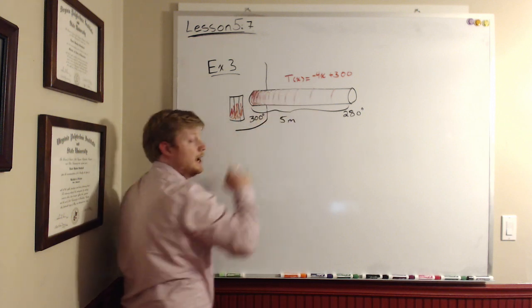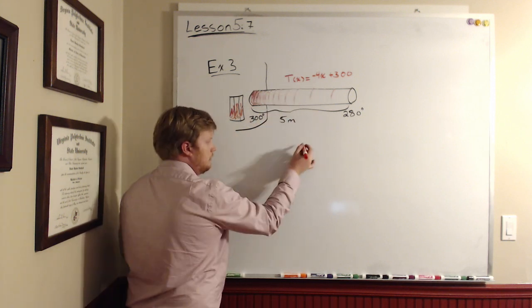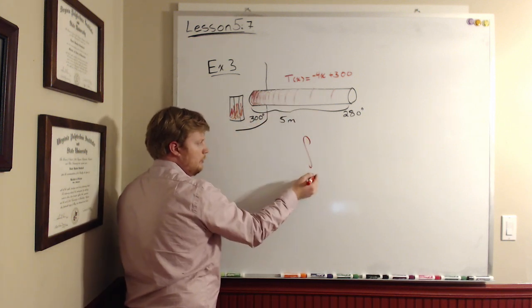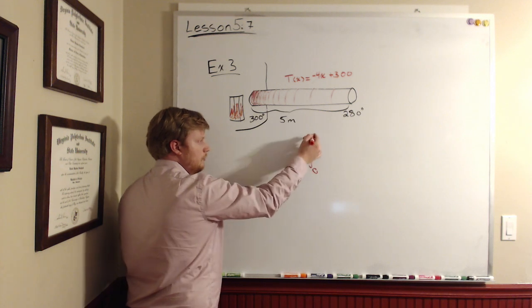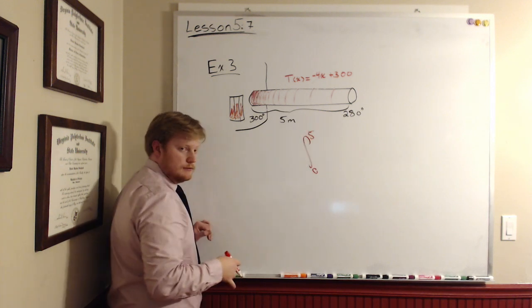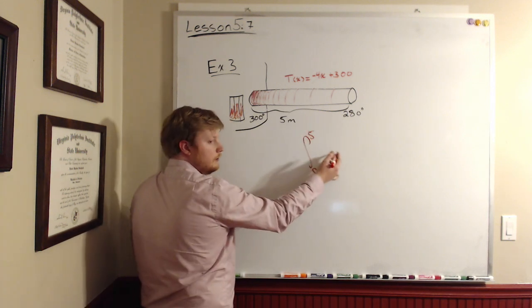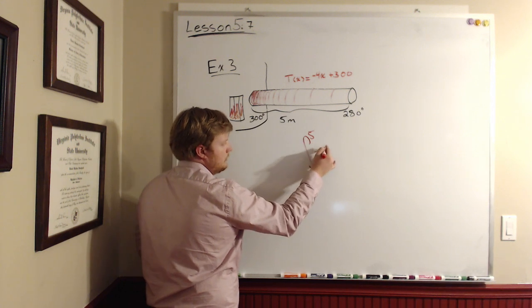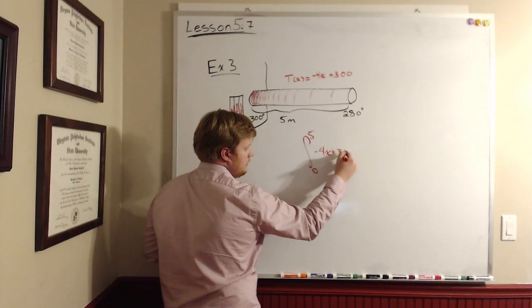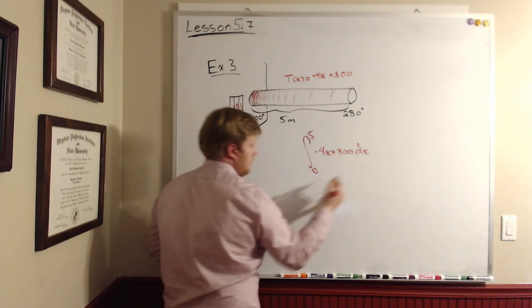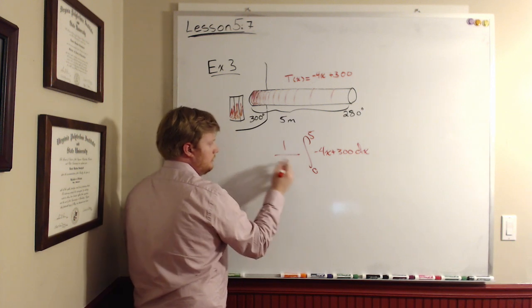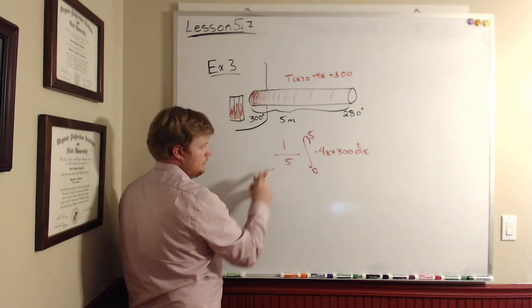Well, we want to find the average value of T on the interval from 0 to 5. That's the whole rod. Now T of x is negative 4x plus 300. The average value requires me to do this.